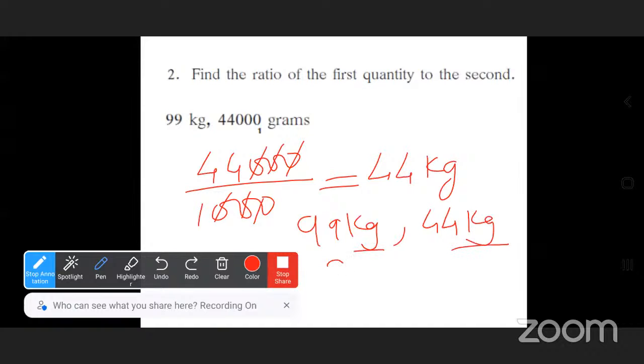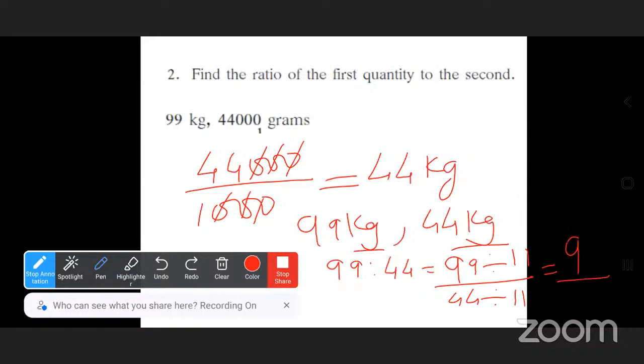So let us write 99 is to 44. Let us compare this 99 upon 44. Now both the numbers are divisible by 11. So 11 nines will give you 99 and 11 fours give you 44. So what is the ratio that you get?